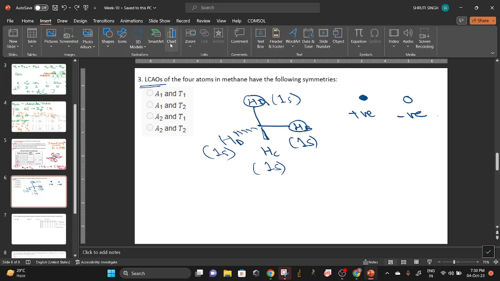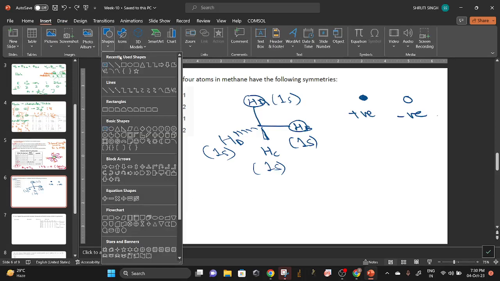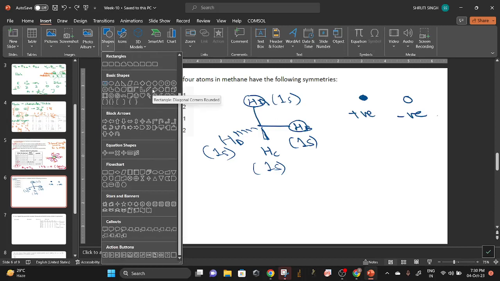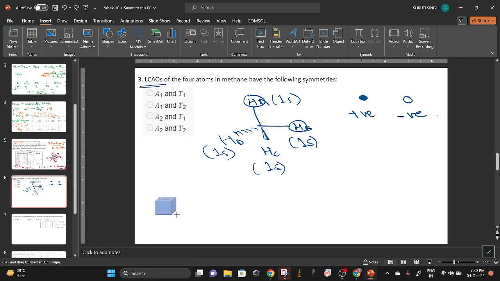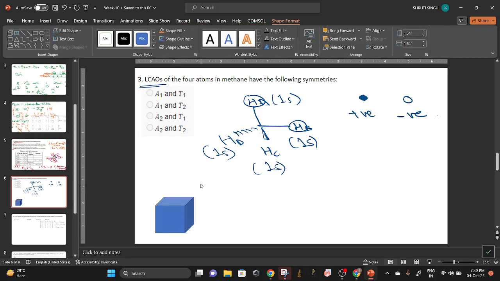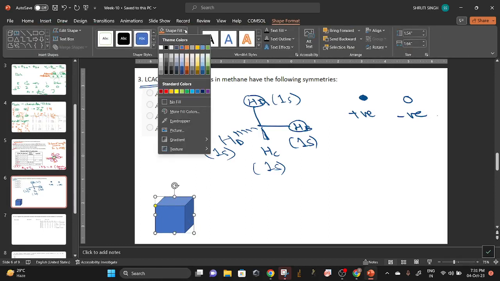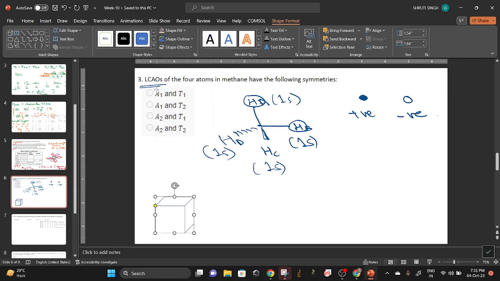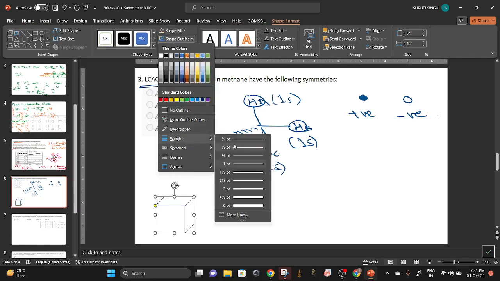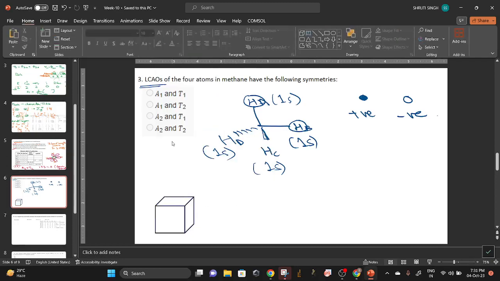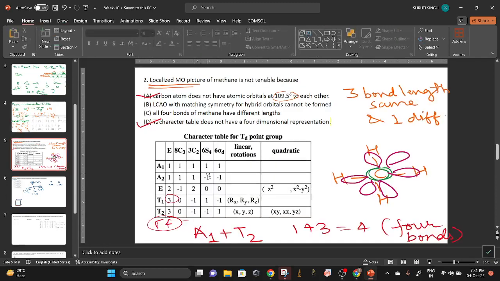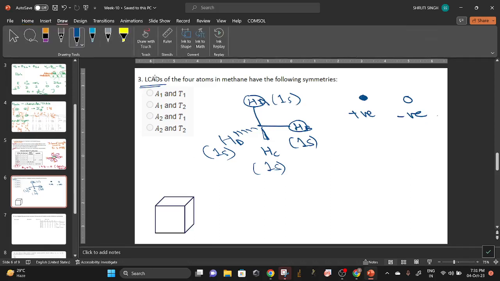Okay, so this is a cube. How will the 1s orbitals be arranged here? At alternate opposite corners.